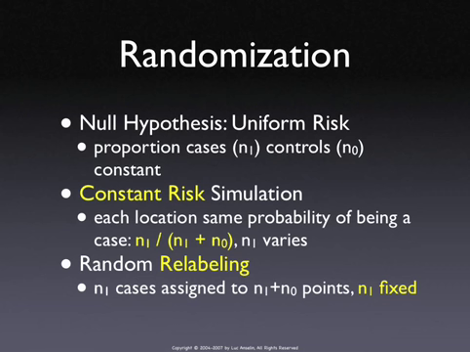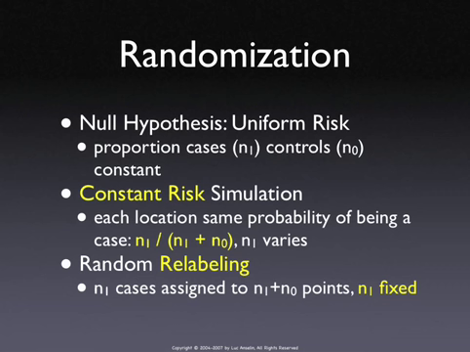This is another way of mimicking randomness, because basically what we're saying is that the chance that one of these labels lands on any given point is the same for all the points, which is our uniform risk assumption, which is what we need in complete spatial randomness. So those are the 2 ways in which we can play with our points to mimic randomness.